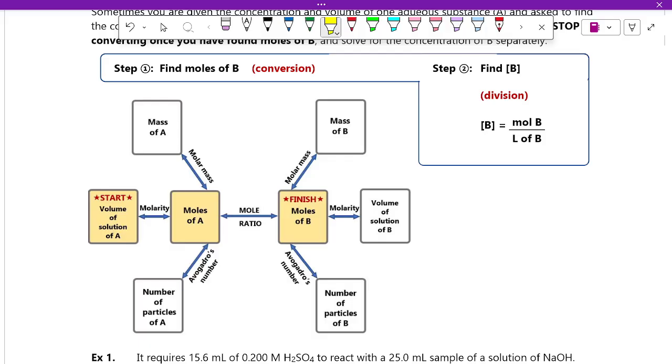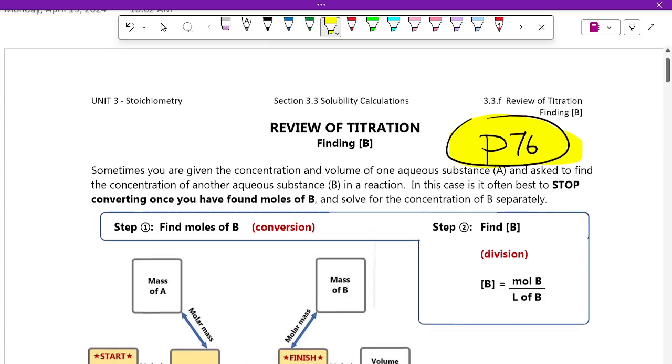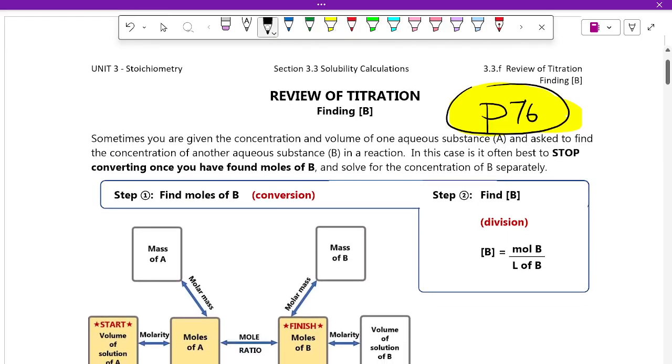This is simply stoichiometry. And in stoichiometry you always take whatever you have, you convert it into moles of A, and then you convert it into moles of B, and then you convert that into whatever you need.